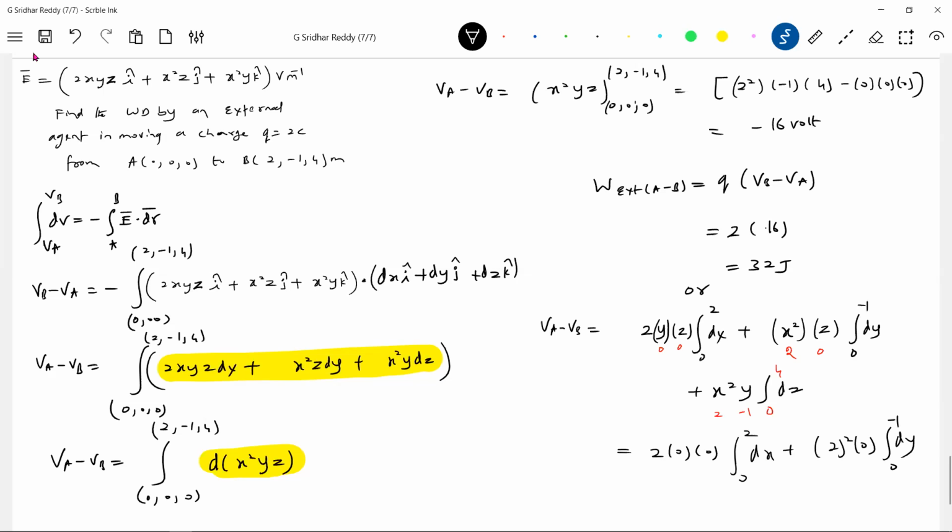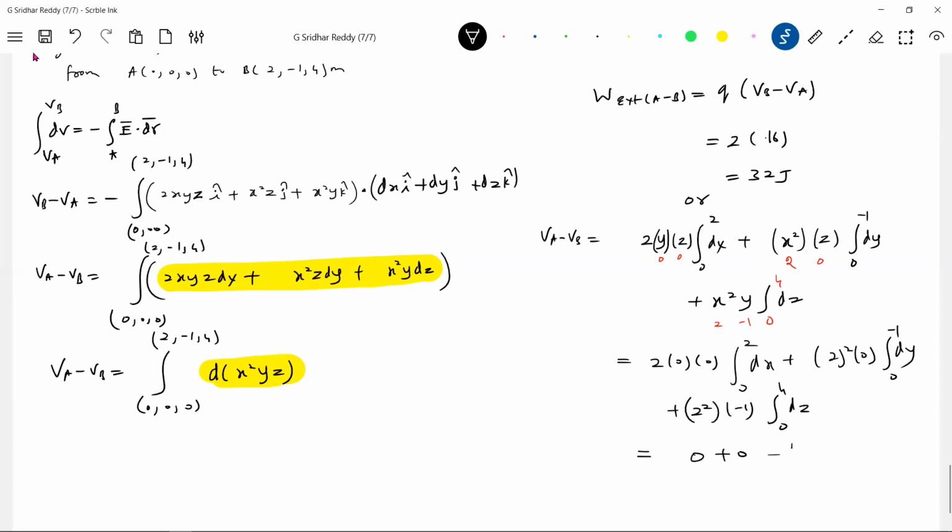Then here 2 square, integral 0 to 4, with the quantities 0, 0. Finally, what we are getting? -4 dz. I'll check it. Let me check.